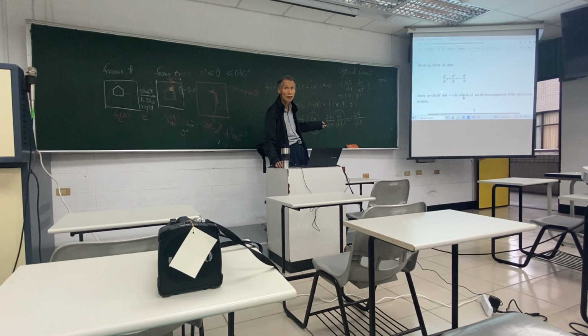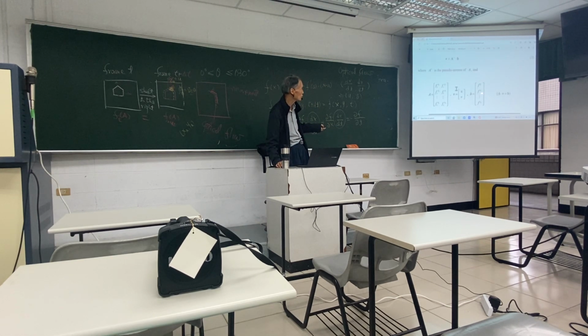This is A, just for one point, and A times V should be equal to the derivative with respect to time. So we have this equation, A times V equals B, and what we need to solve for is the optical flow, these two components U and V.